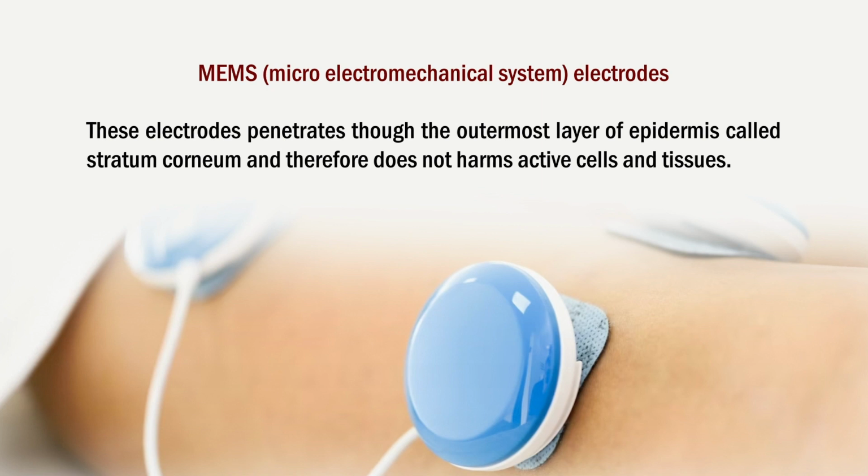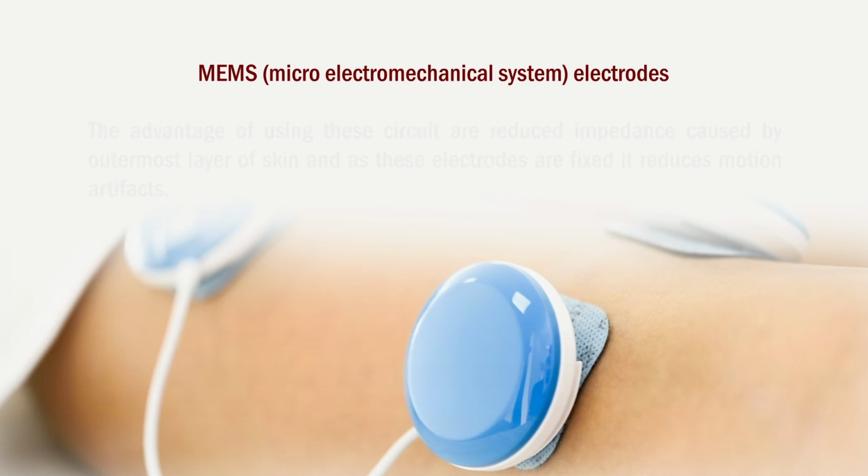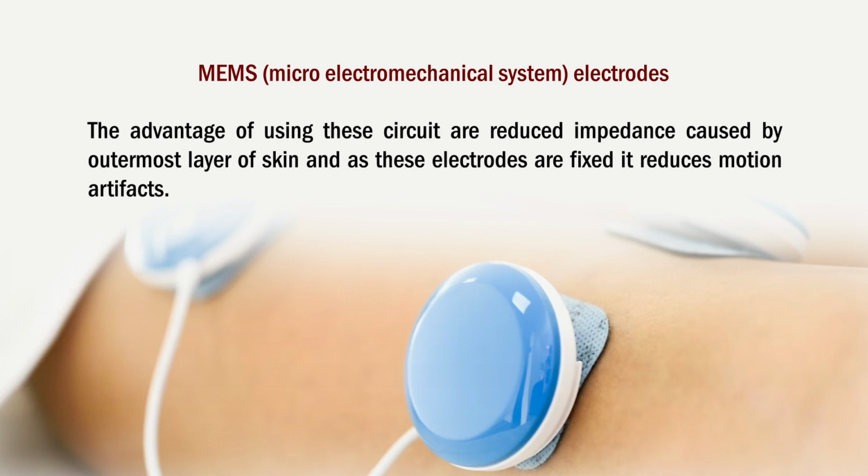These electrodes penetrate through the outermost layer of the epidermis called stratum corneum and therefore do not harm active cells and tissue. The advantages of using these electrodes are reduced impedance caused by the outermost layer of the skin, and as these electrodes are fixed, they reduce motion artifacts.